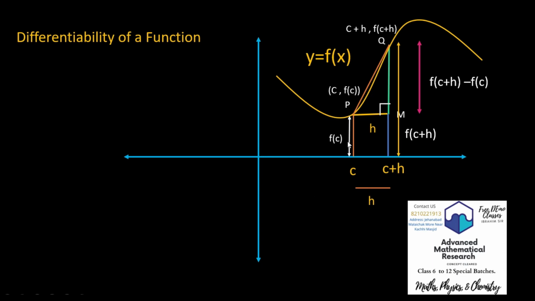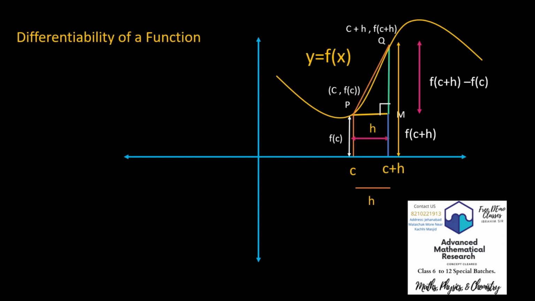Now what will be the slope of the secant line? The slope of the secant line PQ will be equal to perpendicular divided by base. This is my base, and this is my perpendicular.